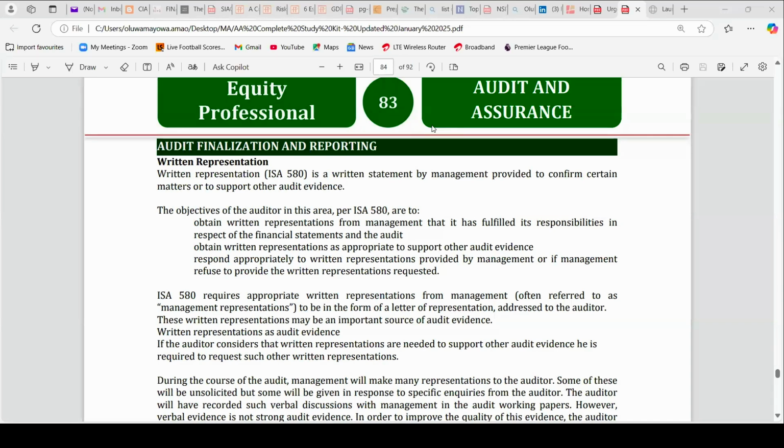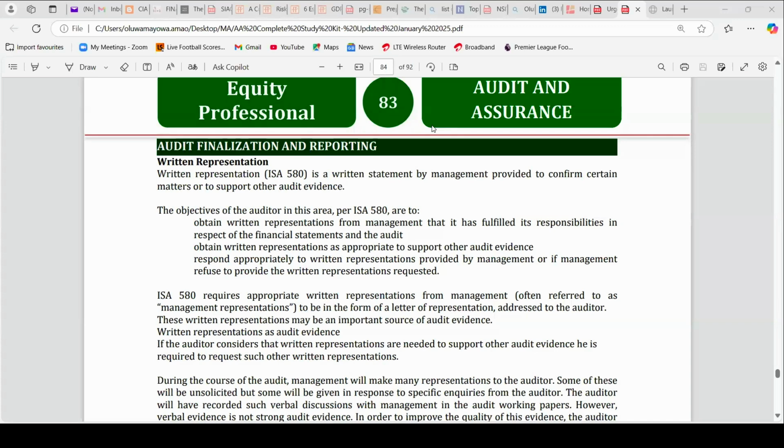So the first standard we are looking at is written representation, which is ISA 580. Written representation is a written statement from management to provide or confirm certain matters, provide support to some audit evidence or provide clarity on some certain matter.